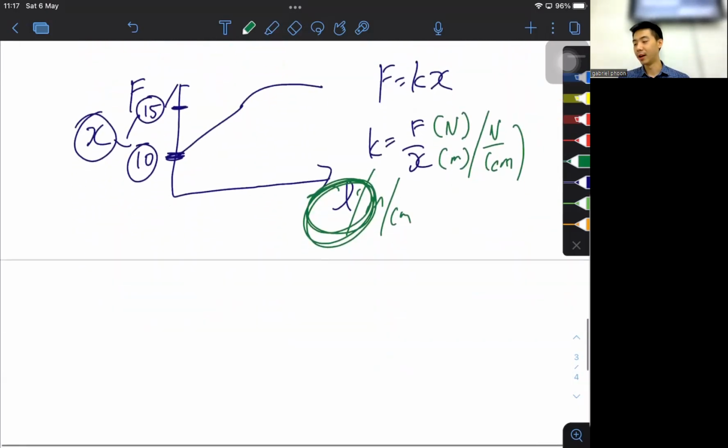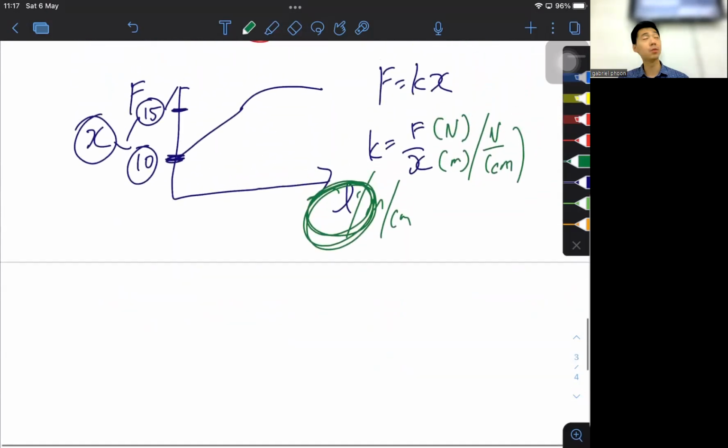Okay. Then after this, what else do you need to know? After the spring constant, moments, which is for some reason one of the most dreaded topics for everyone here, guys. What's the formula for moments again? Very good.